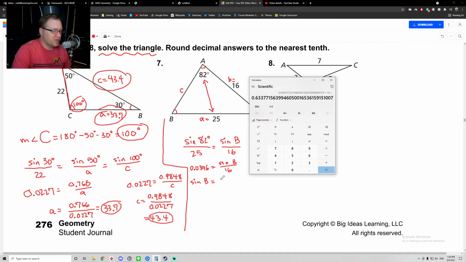I'm going to round it up, so it's going to be 0.6338.